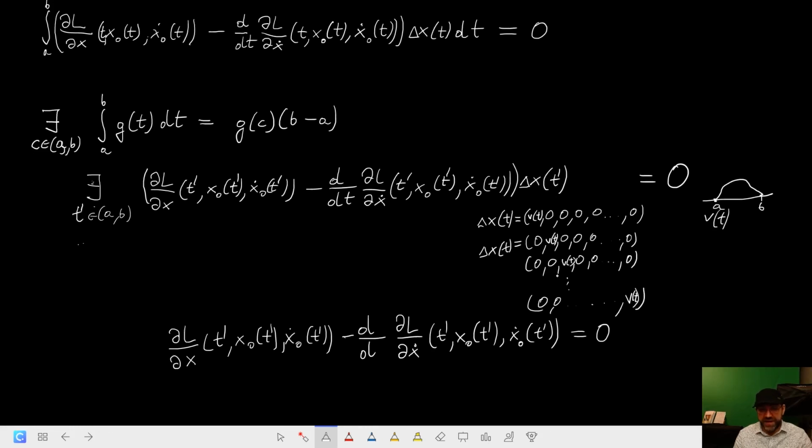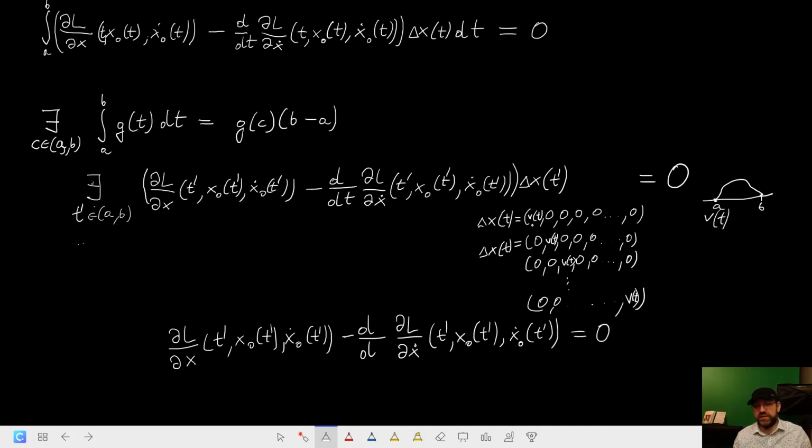Right. So now the argument I wanted to make will work. So for any arbitrary trajectory delta x, we will have this t prime, for which this expression will be equal to 0. Good. Now, if for any, then we will choose these n functions delta x.